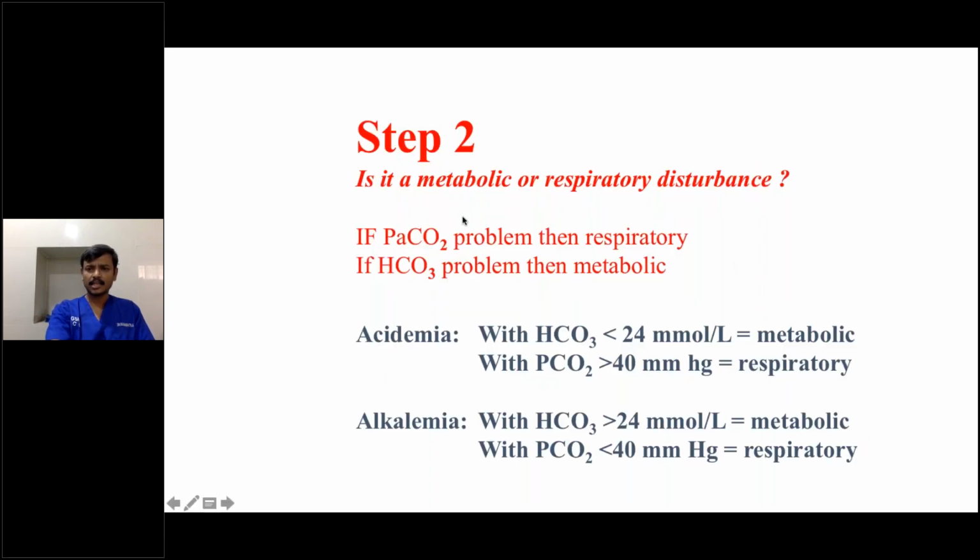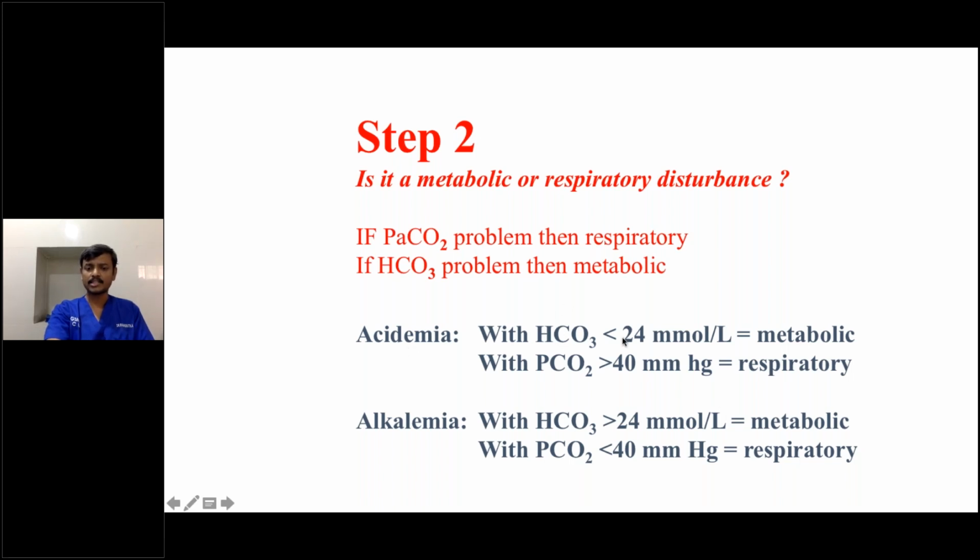So if the pH is either low or high, then we should know whether it is a metabolic or respiratory problem. How to identify it? Look at the PCO2 or bicarbonate. If PCO2 is the major problem, then it's called a respiratory problem. If bicarbonate is the major problem, then it's called a metabolic problem. In case of acidosis, it may be metabolic or respiratory.